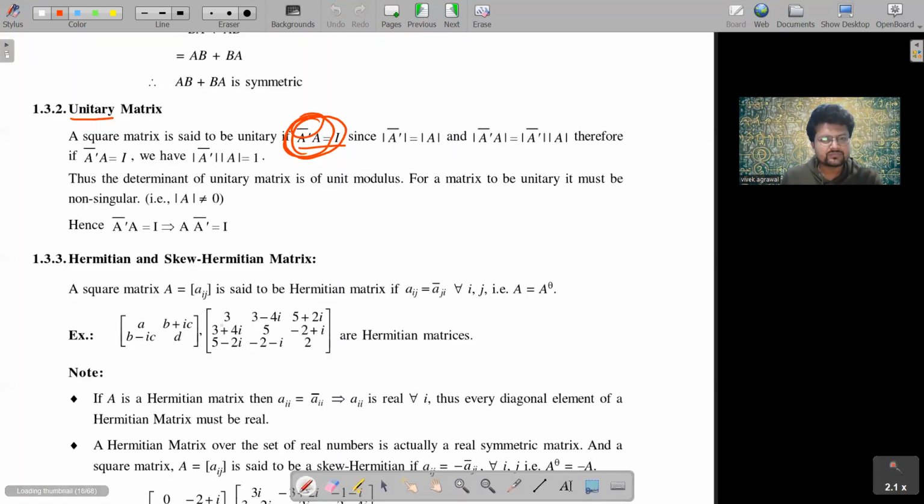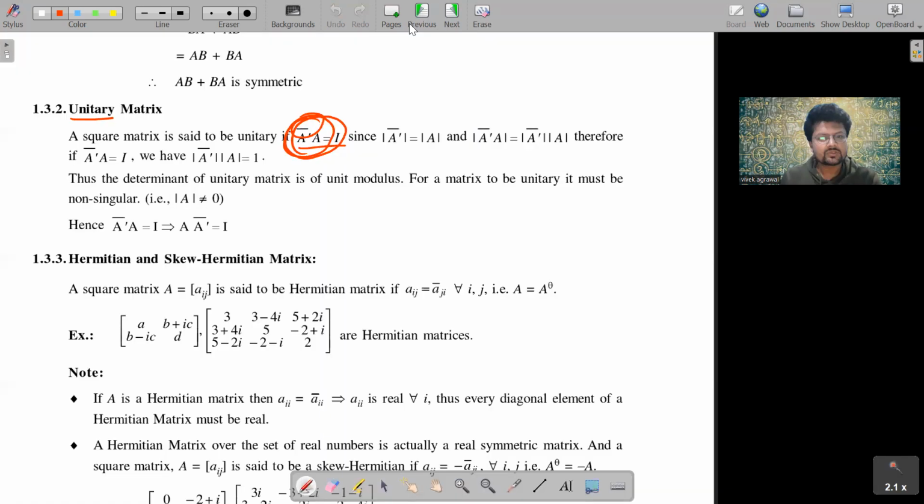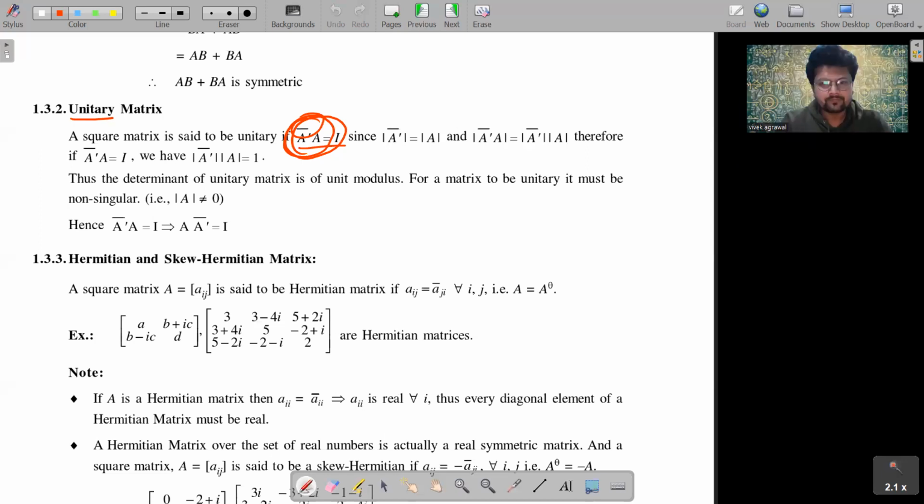Suppose this example is given. Let's write it here as well. Let's say this is 3, 3 minus 4 iota, 5 plus 2 iota, 3 plus 4 iota, 5 minus 2 iota, minus 2 minus iota, and this 2.